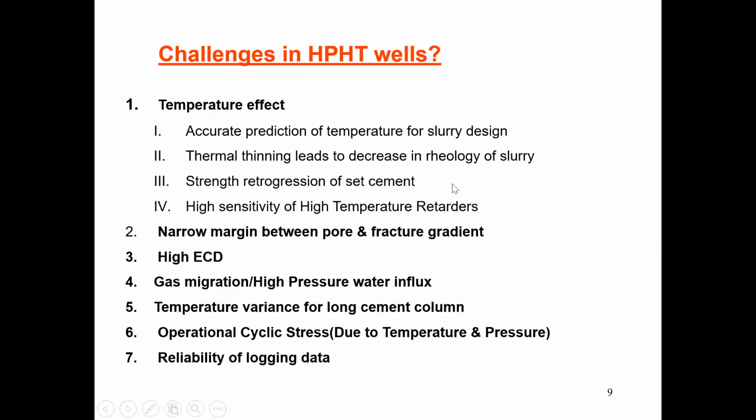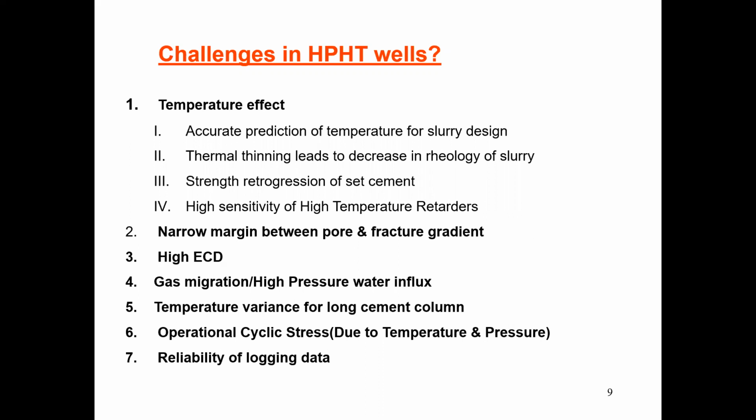Okay, these are the challenges in HPHT. Some I have already mentioned, the temperature effect. Temperature is very high, because, as I told you, thermal thinning leads to decreasing rheology of the slurry. Strength retrogression: I mentioned yesterday also, when the temperature exceeds 110 degrees centigrade, one phenomenon occurs that is called strength retrogression, slowly with time, at above 110 degrees centigrade.